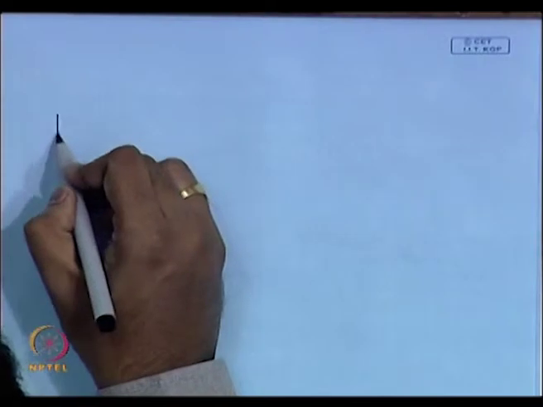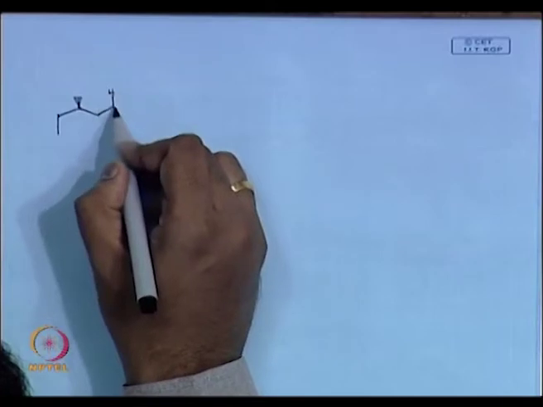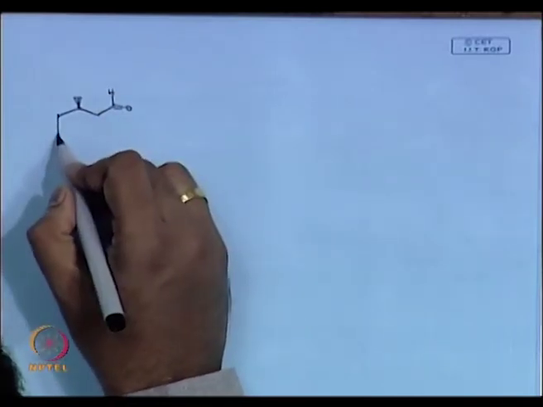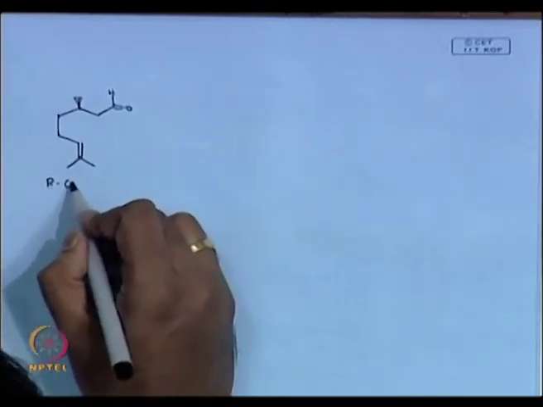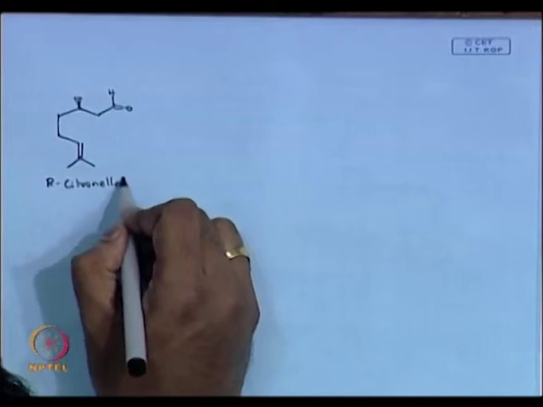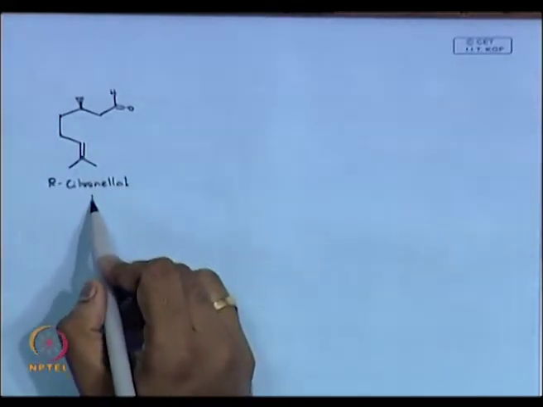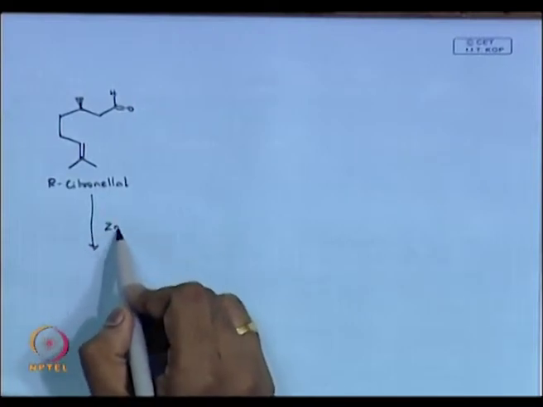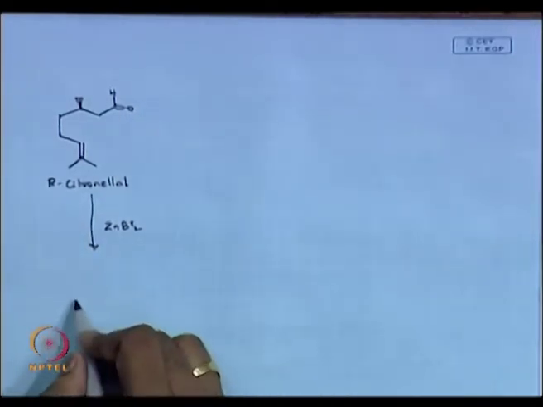So, if I take this product, citronellal, and then treat with zinc bromide, what will happen? You know it complexes with your carbonyl oxygen, right? So, I can write that step.